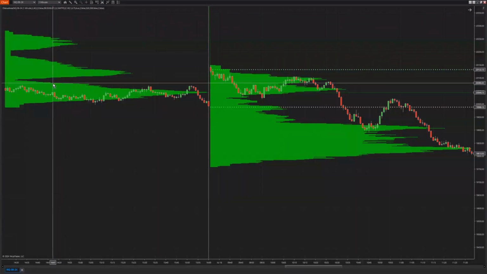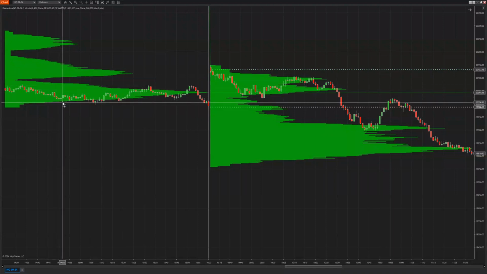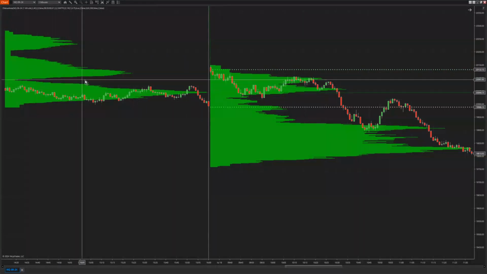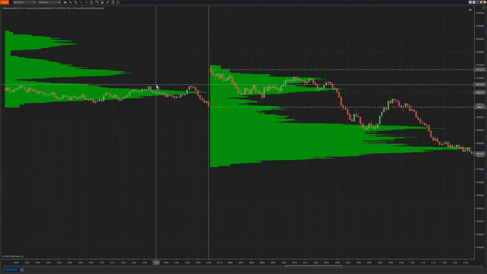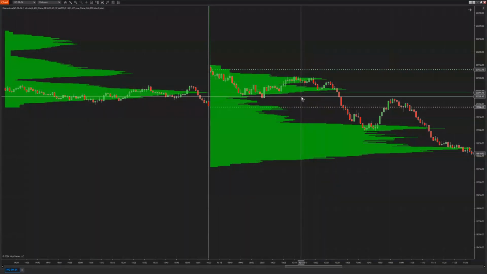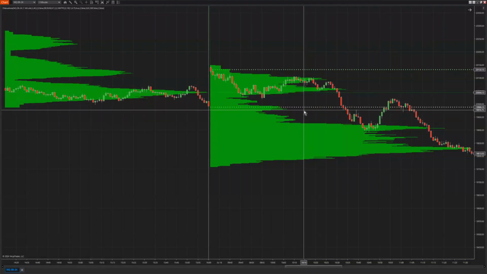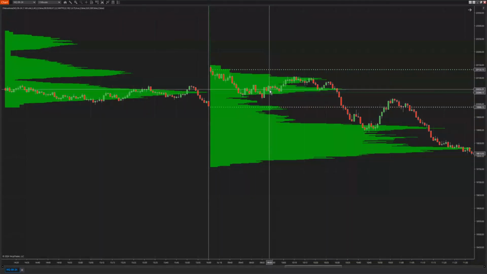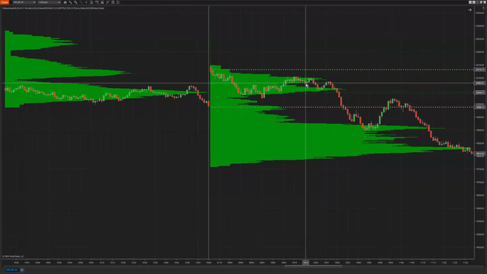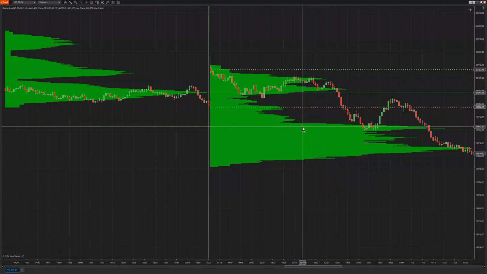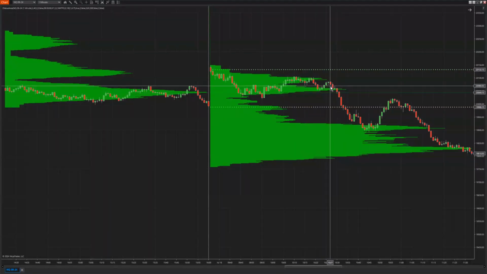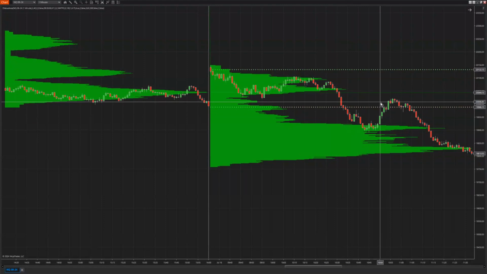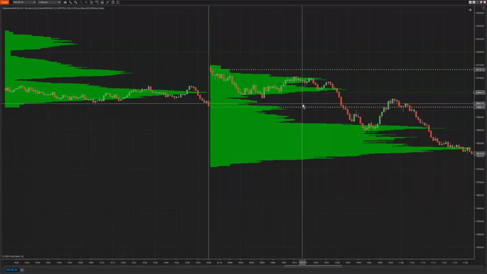So this is where buyers and sellers are interested in participating. And then when you don't have that, that's where you get those fast movements between there. So you can see we have a gap in value here because buyers no longer find this valuable up here. So they're not going to participate till they find a level of value, and that's why you get these sharp moves up and down a lot of times through these market profiles.